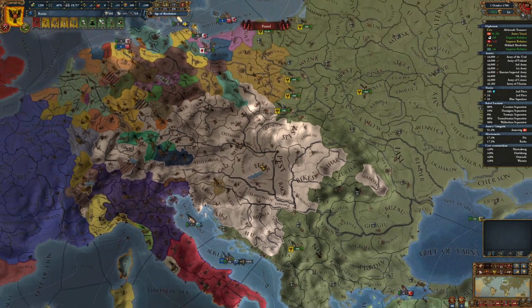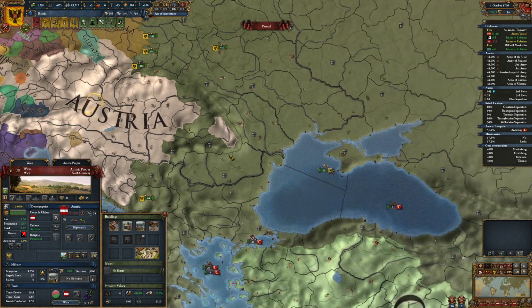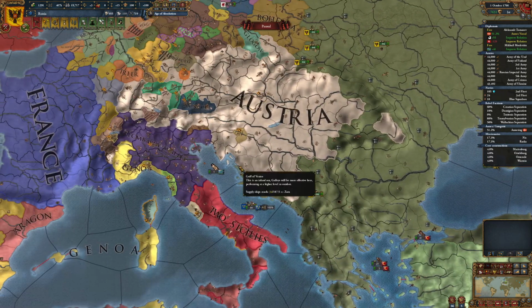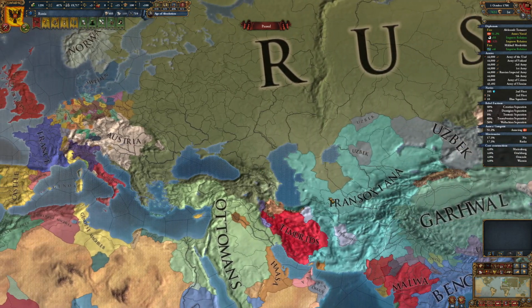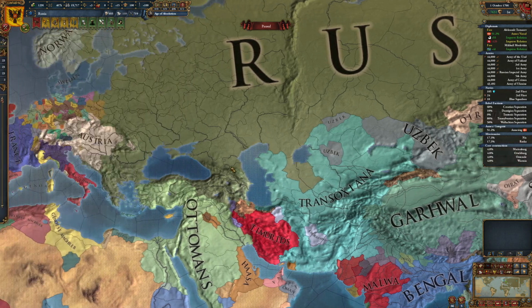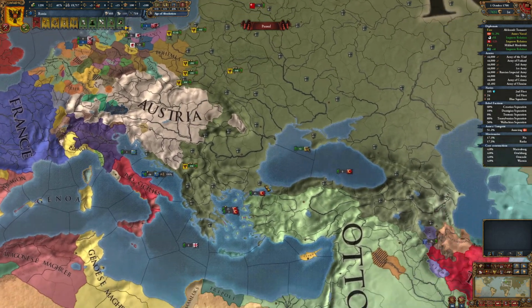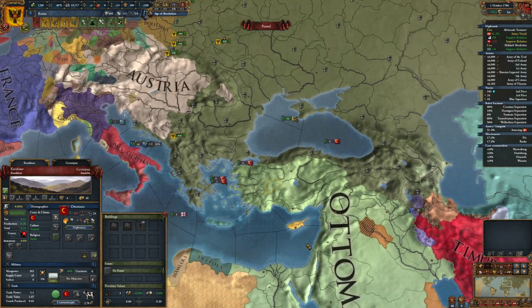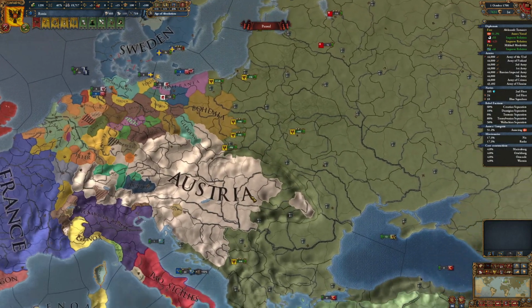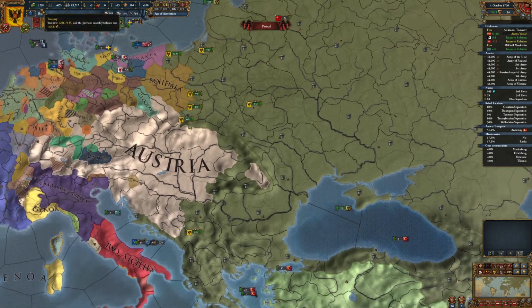I might do one last war to take Wien, but I'll see what I'm going to do there. I might go for Transoxiana and Uzbek and get a bit more down there, but I'm not sure. We'll see. At least I'm going to do one more war against Austria. I'm going to do at least one war against Ottomans. And yeah, that's about it. And then we will see where we are and end the episode there.